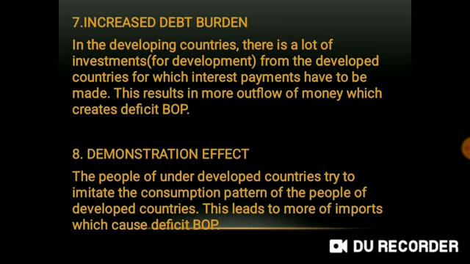The eighth cause is the demonstration effect. Demonstration effect is an effect that takes place in order to demonstrate to others, in order to show others. What happens in an underdeveloped country is that the people try to copy the lifestyle of the people of developed countries, and try to buy luxury items from the developed countries, like luxury cars, luxury clothes, or different items.